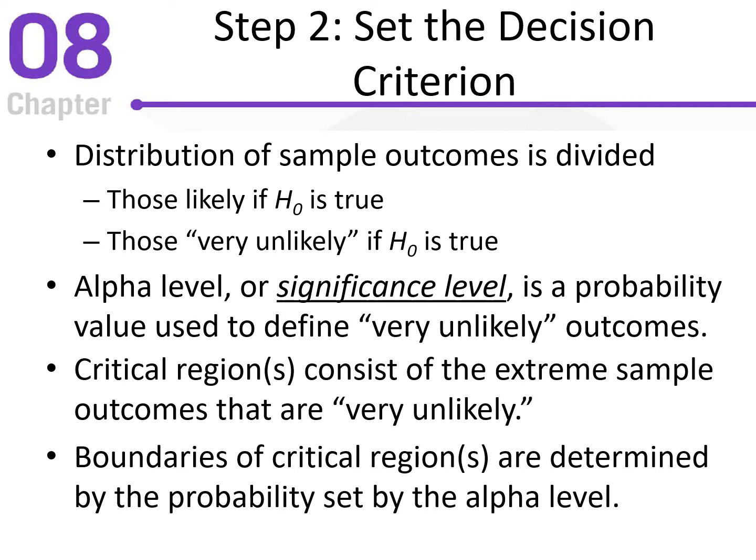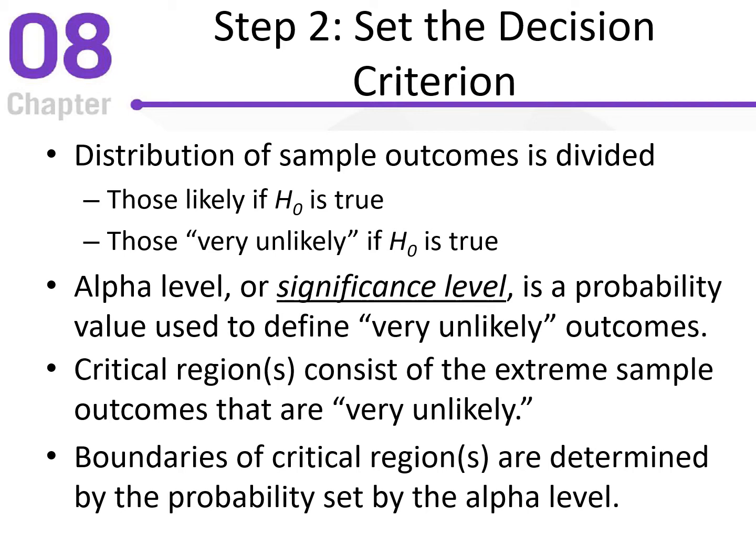I like to use the word support. So when you reject the null hypothesis, you support the alternative hypothesis. You do not prove anything. Supporting. You say that it's very unlikely that your sample belongs with the null hypothesis, so therefore it belongs to the alternative hypothesis. No proving, no disproving, no true, no false. It's all based on probability.